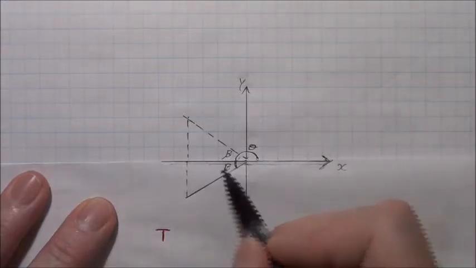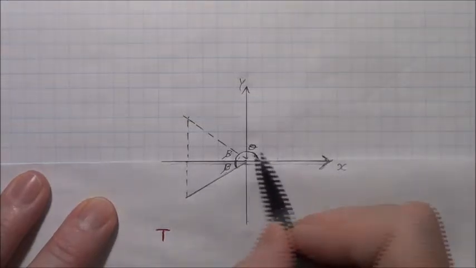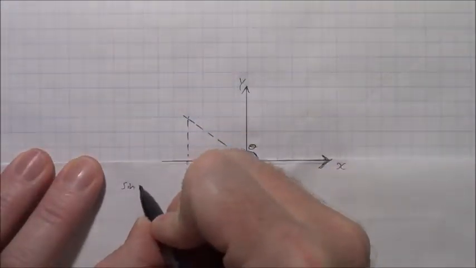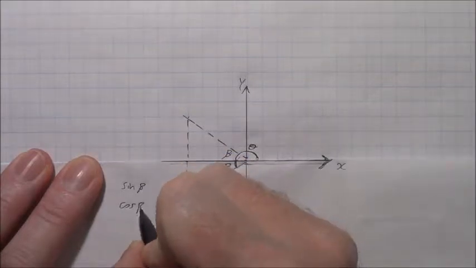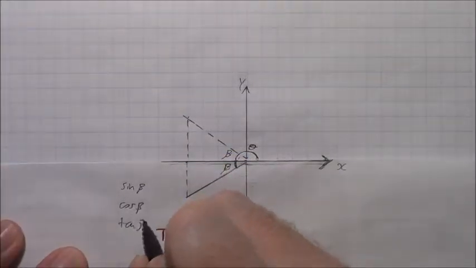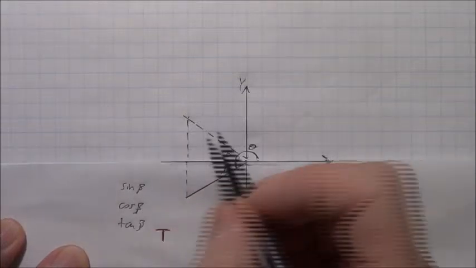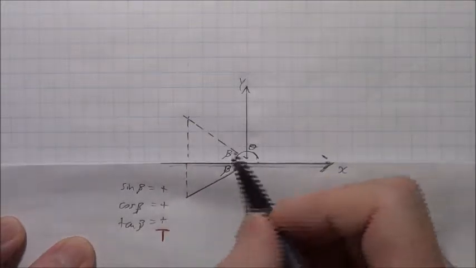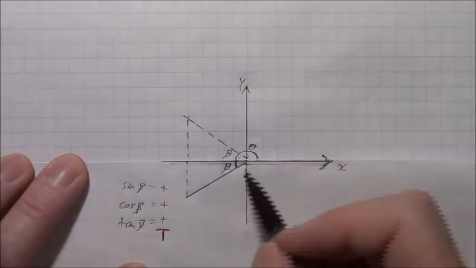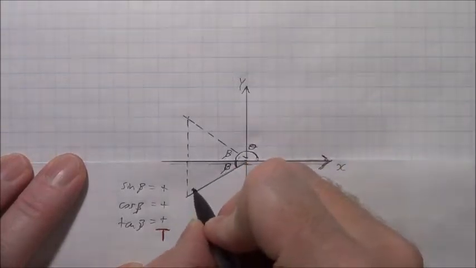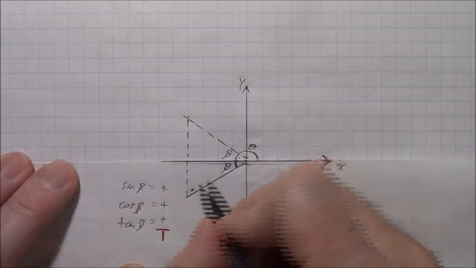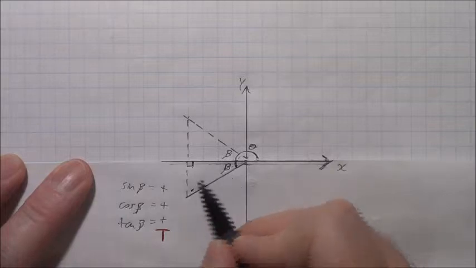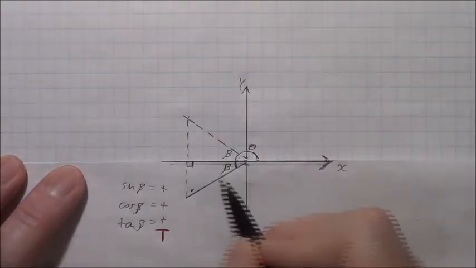Beta is always an acute angle, so just like when the angle was in the first quadrant, we can find the sine beta, the cosine beta, and the tangent of beta, and we're always just going to deal with them as positives. And then, like I said before, the two angles here and here, the beta and this other angle, have to add up to 90 because we've already got this perpendicular here, and they just keep resetting themselves as they cross the next axis.